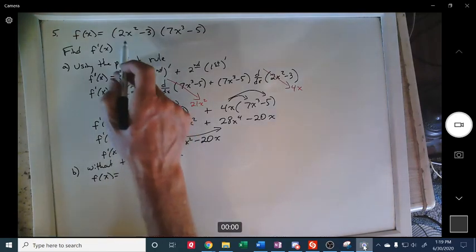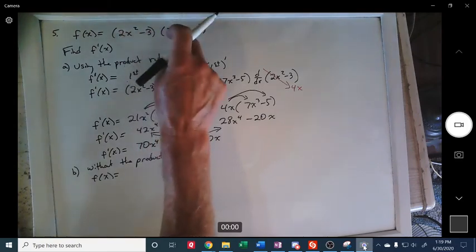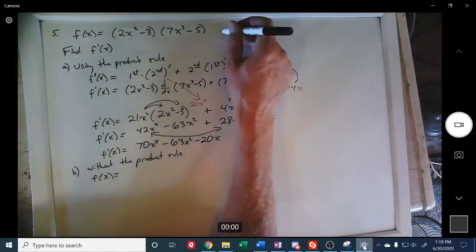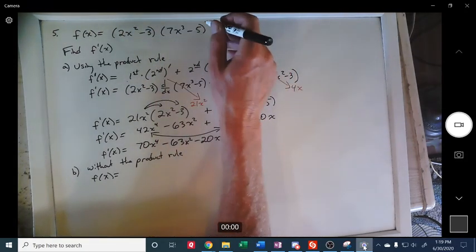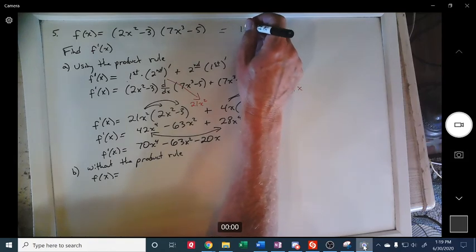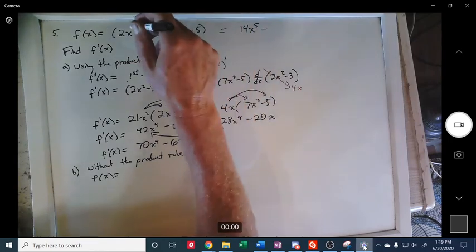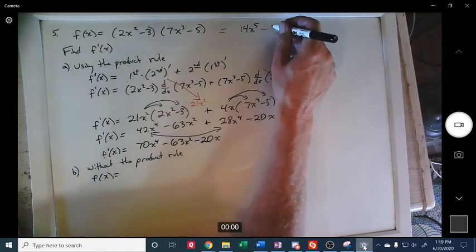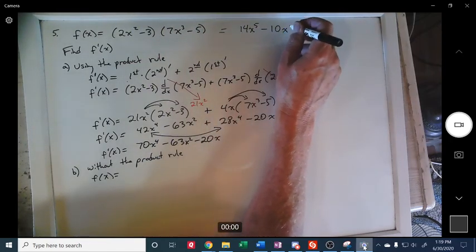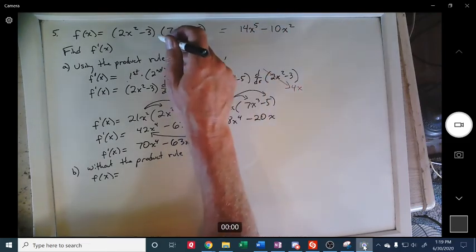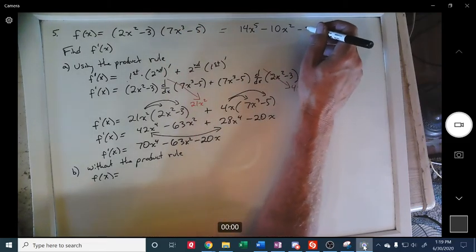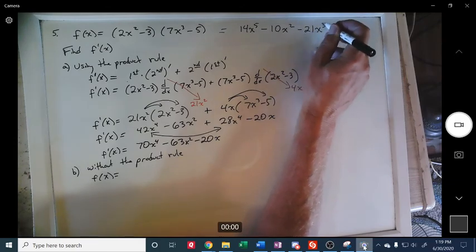All right. So now this time, if I FOIL this out, let's just FOIL it out way up here. This is going to be 14x to the fifth minus, and then when you distribute the 5, it's 10x squared. And then when you distribute the 3, it's minus 21x cubed.